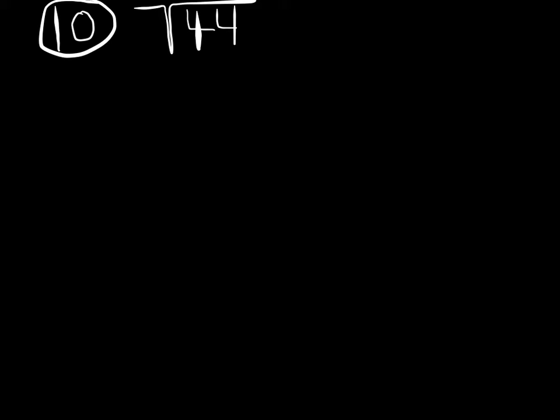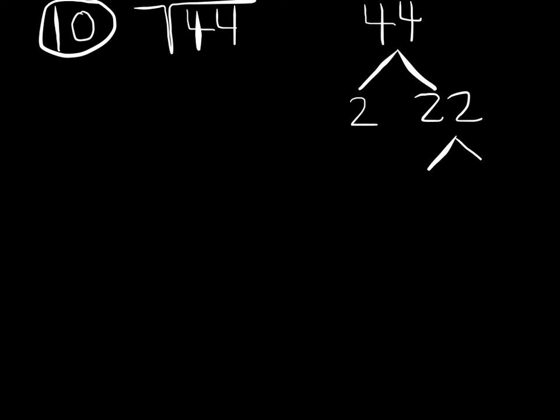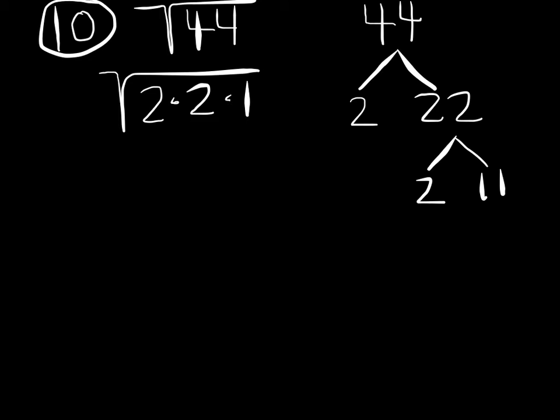Now what you want to do is factor 44. If you remember back from probably 6th grade, when you do a factor tree on 44, 2 can go into it 22 times, and then you can break down 22 to 2 times 11. So the prime factorization of 44 is 2 times 2 times 11.